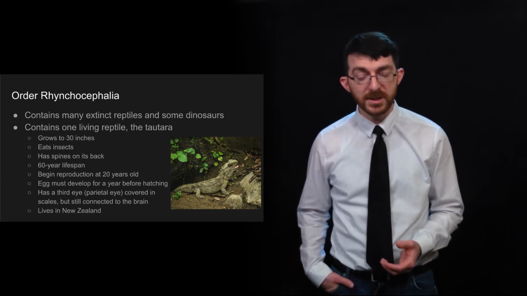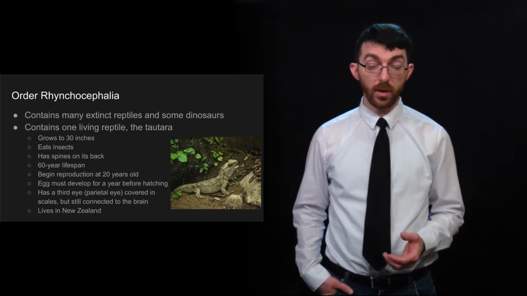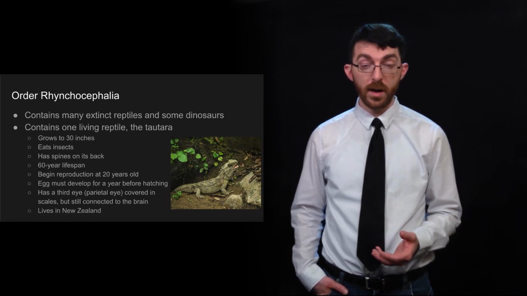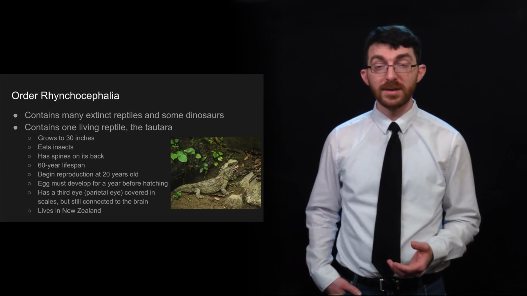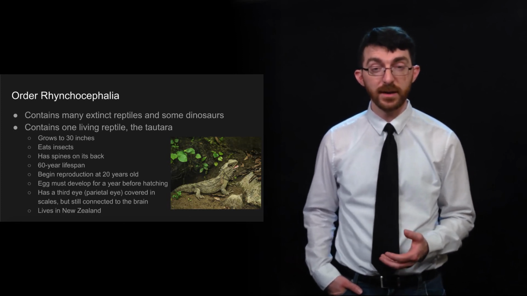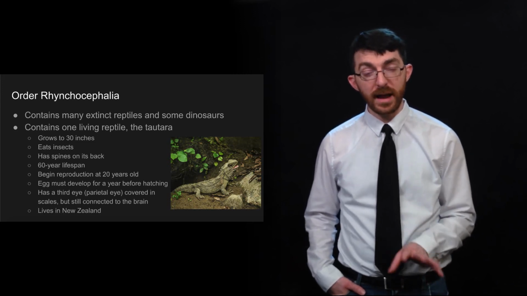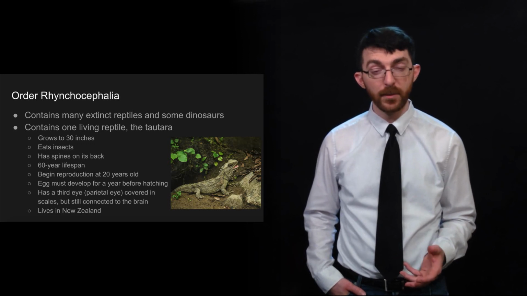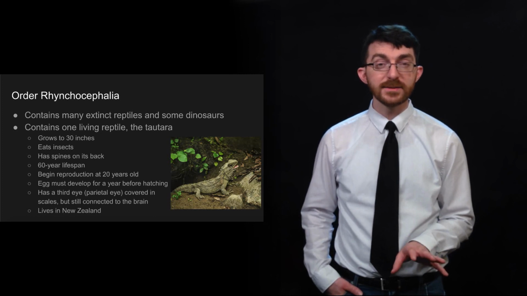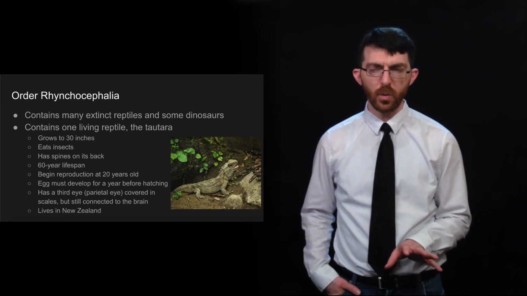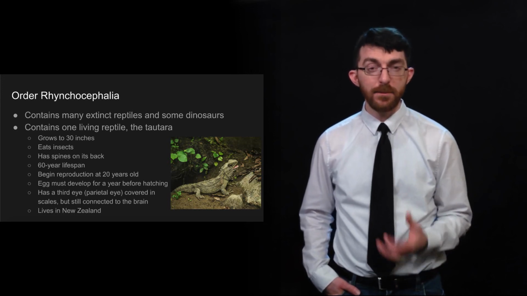I do want to make mention of something because when we talk about largest reptiles, or when we mention here that this order contains some dinosaurs, we might be tempted to think that dinosaurs belong in this section because they must be reptiles. And while it is true that dinosaurs share a lot of characteristics with the reptiles that we've talked about, to classify them in this order is really not correct.